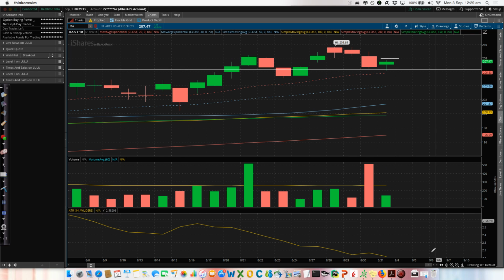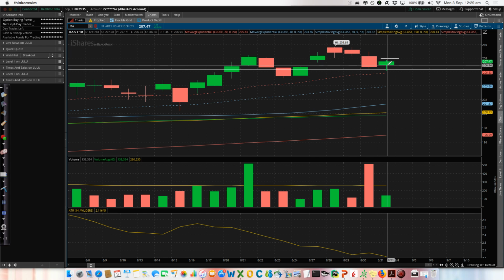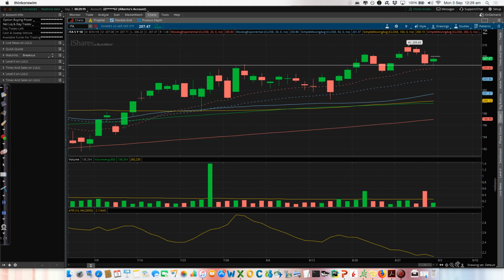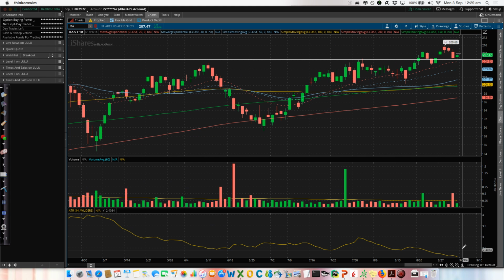So let's take the low is 206.23. I think ATR is around 2.5.